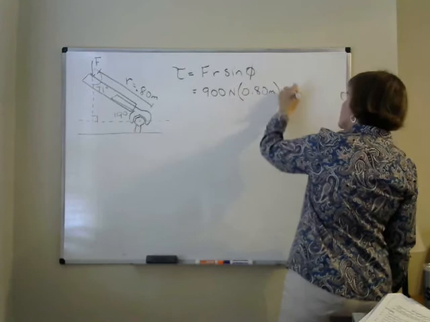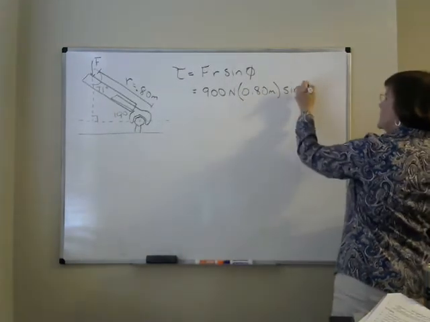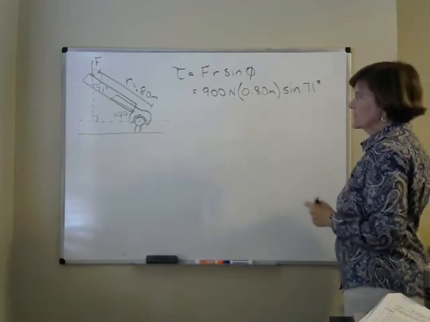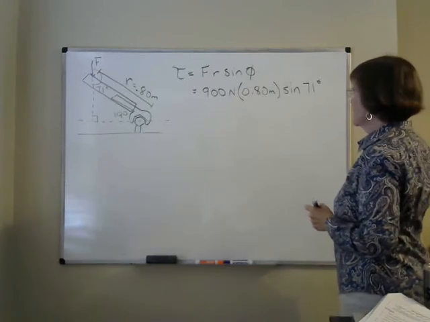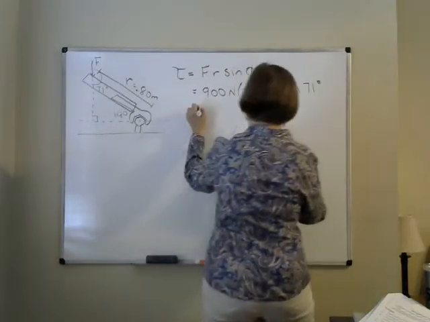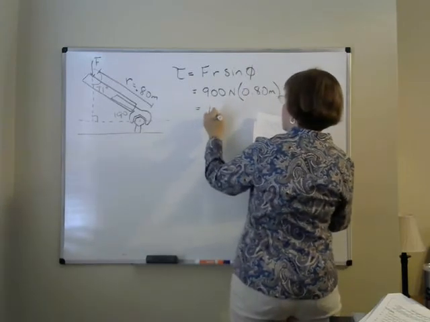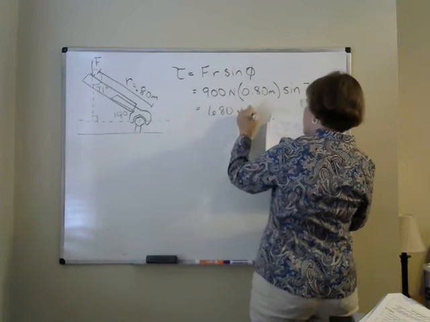And of course he's not perpendicular. It's not going to apply quite his full weight, but almost perpendicular. 71 degrees. There's a little bit of an angle. So he's coming in at 71 degrees. Put that in a calculator. To 2 digits, it came out to be 680 Newton meters.